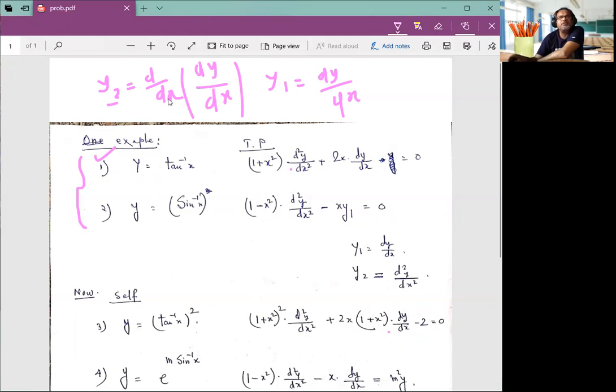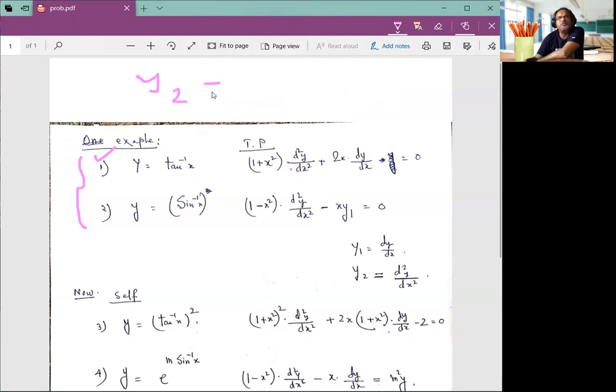And this also you can write in this way, d2y by dx2. So you see d2y by dx2 is nothing but y2.